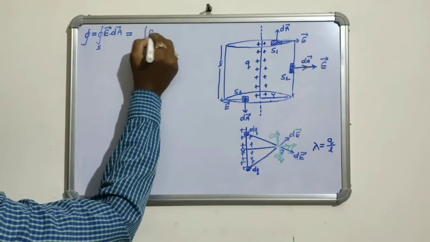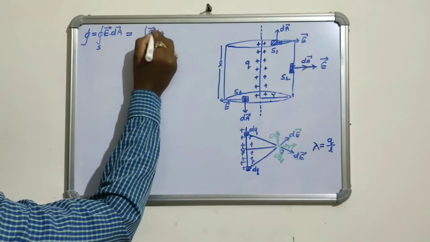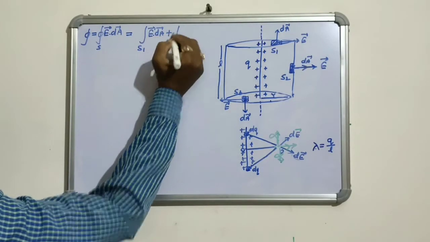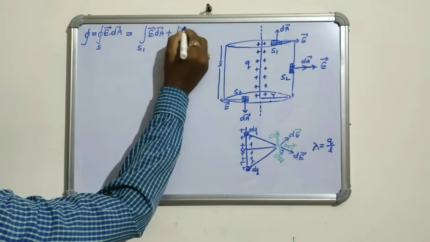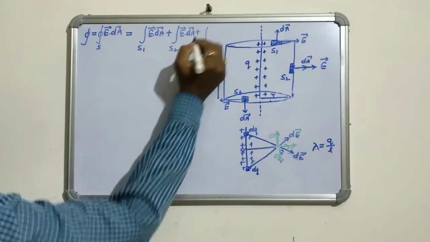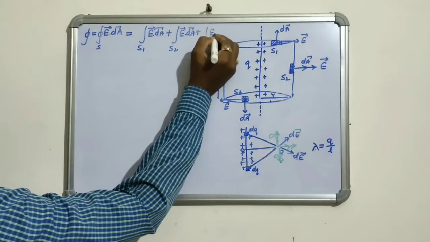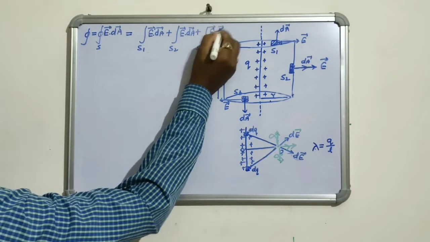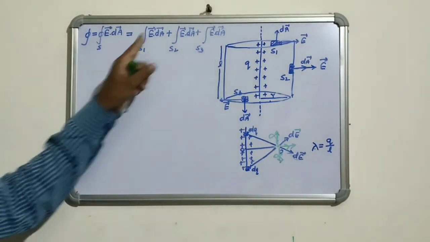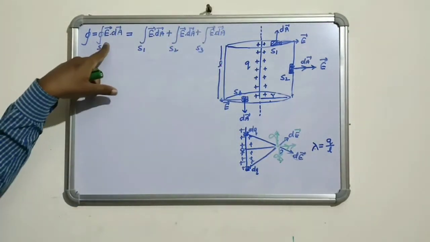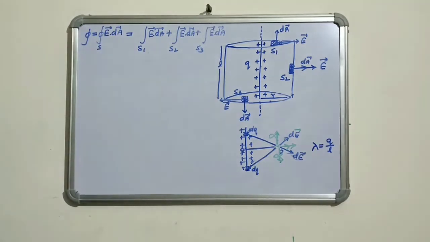One is the integral of E dA for S1, second is for S2, and third is for S3. These are individual surfaces, so they are not closed. Combined, three surfaces form a closed Gaussian surface.